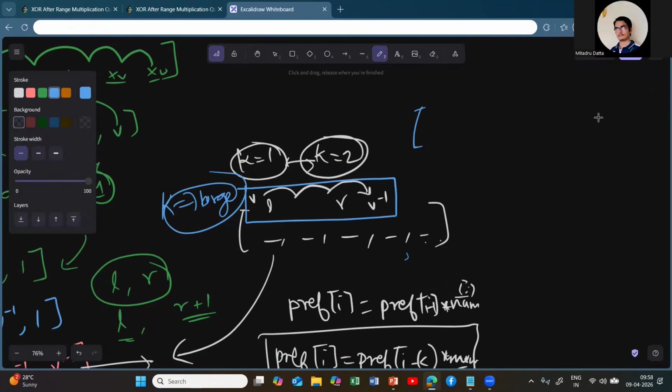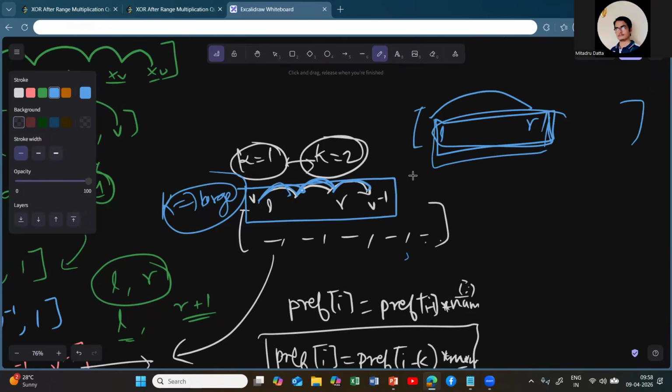Within this L to R, you are not considering every element, and therefore you are keeping an account of the jumps. So if the jumps are very large, the distance that you will need to know between them will also increase, and it will be difficult to calculate this whole prefix array.